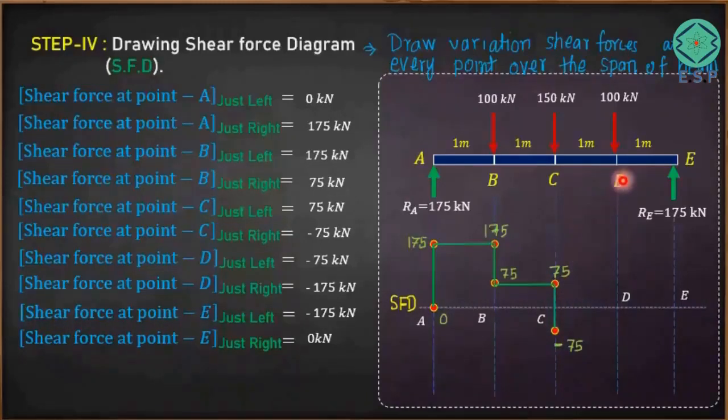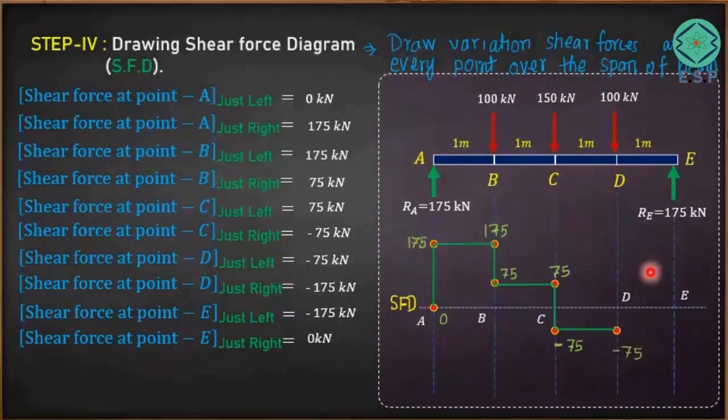Now we'll go to point D. Just left of point D is going to be the same value. So from point C to this point, the shear force variation is going to be a flat horizontal line. Okay, there is no change in the shear force values. And if you go from the left hand side of point D to the right hand side of point D, there is a further reduction of the value of shear force. It becomes minus 175 because there is an additional 100 kilonewton negative adding up.